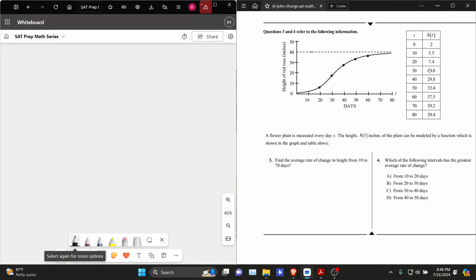So just from that, we can see that the correct option should be B, because from day 20 to day 30, there's the biggest difference in height.